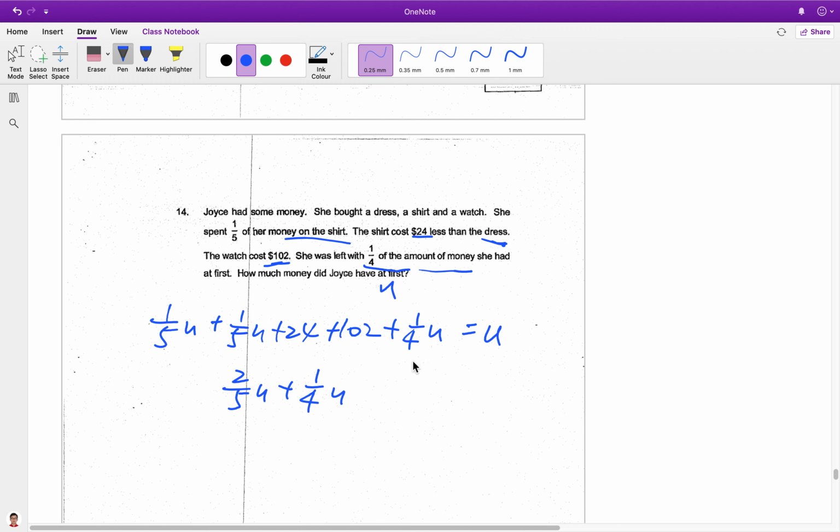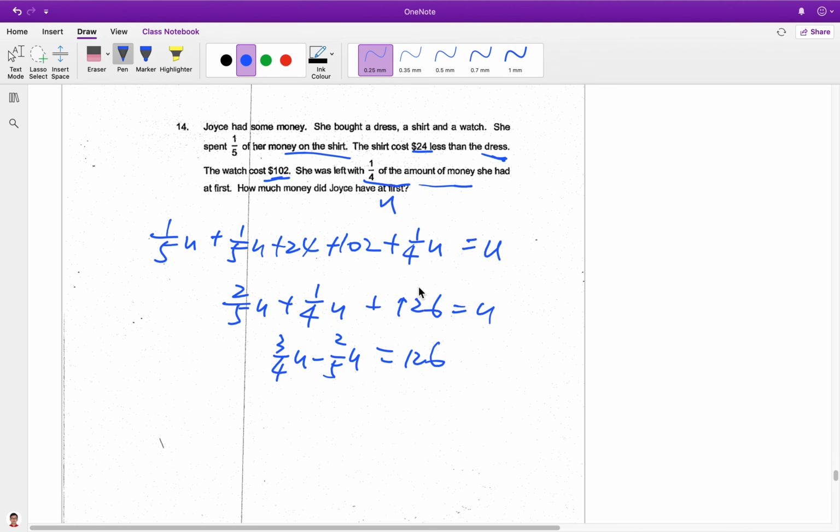Plus 126 equal to U. So these two can be subtracted from this side. It's 3/4 U minus 2/5 U equal to 150. The common multiple is 20: 3 times 5 is 15, minus 4 times 2 is 8. 15 minus 8 is 7, so 7/20 U equal to 126.